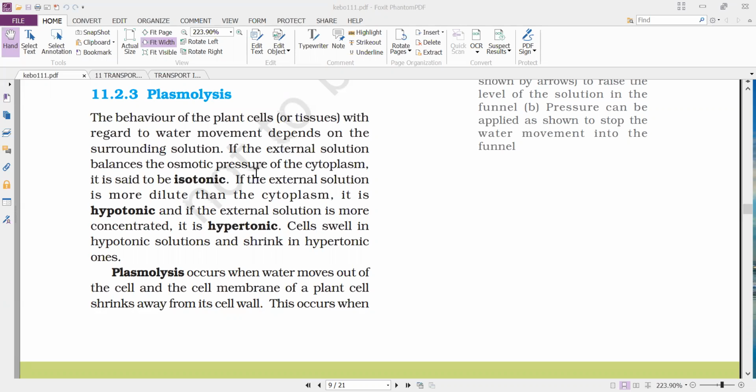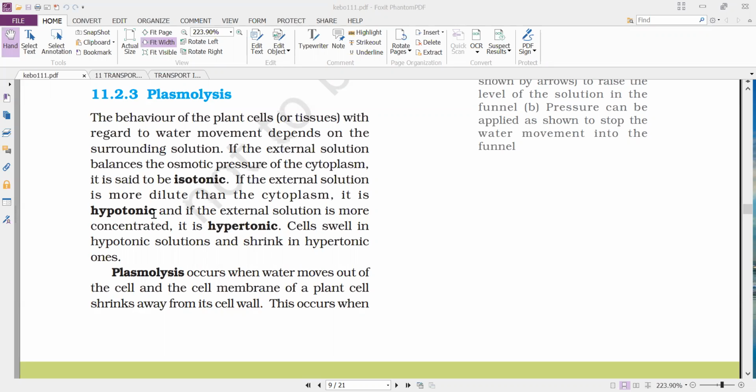Next, if the external solution is more dilute than the cytoplasm, it is hypotonic. Hypo means lower.